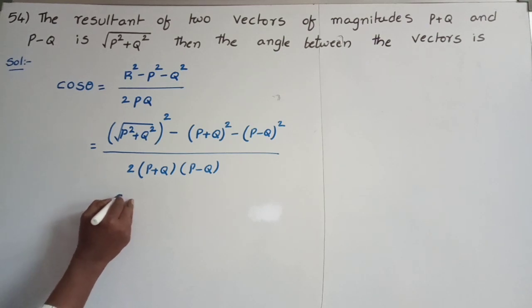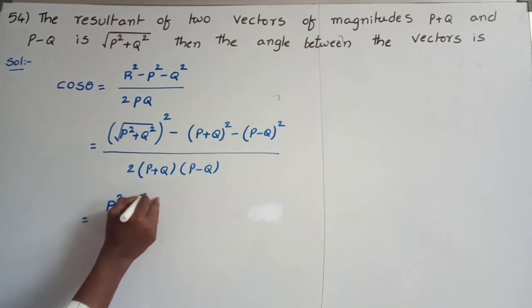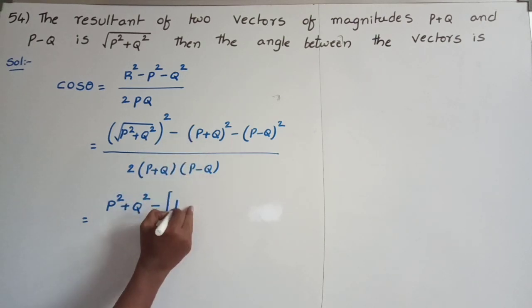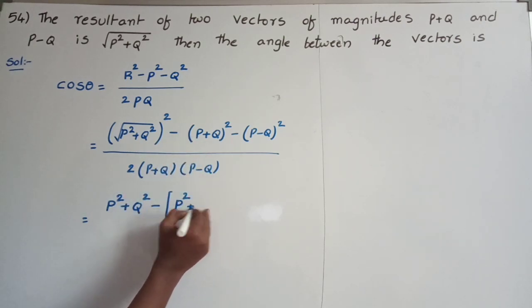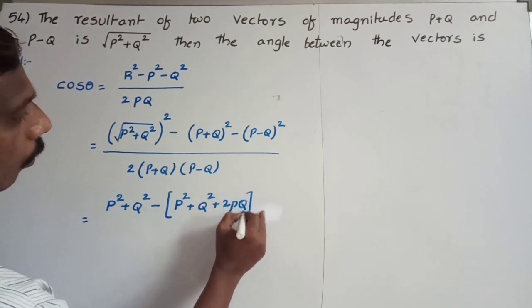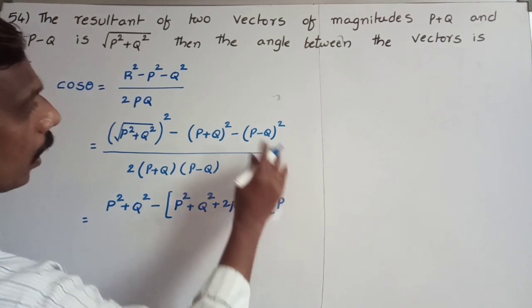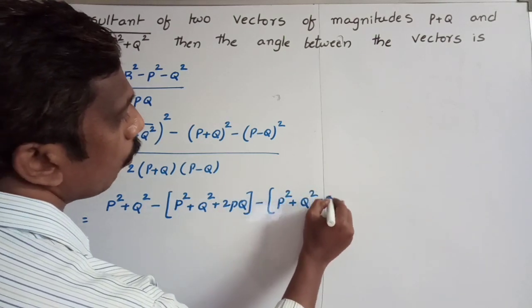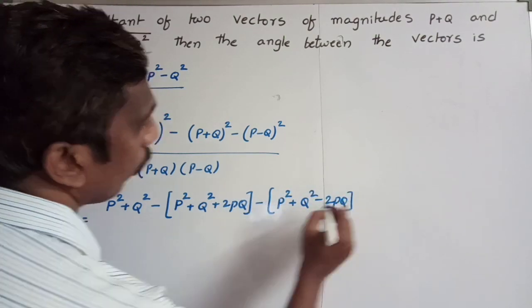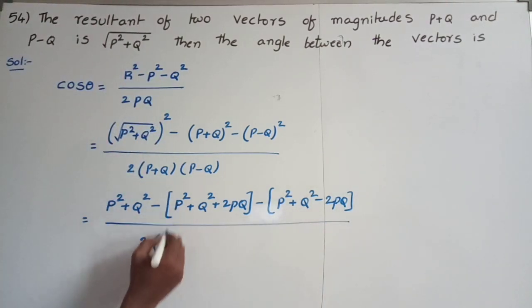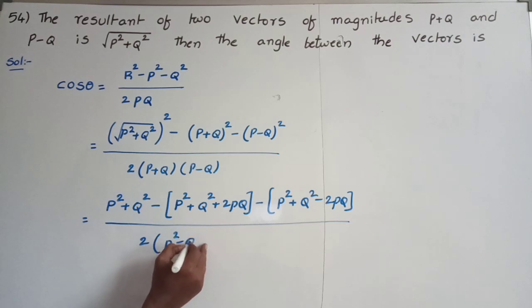Then we get P square plus Q square minus, P plus Q whole square in the form A plus B whole square, A square plus B square plus 2AB, minus A minus B whole square, A square plus B square minus 2AB, divided by 2 into P plus Q into P minus Q, which is P square minus Q square.